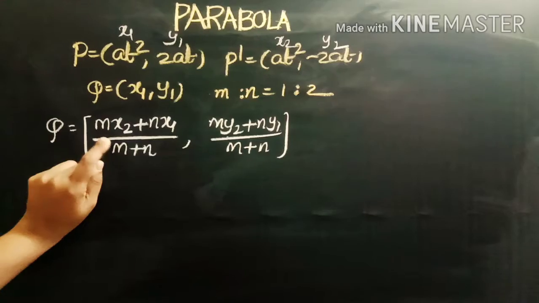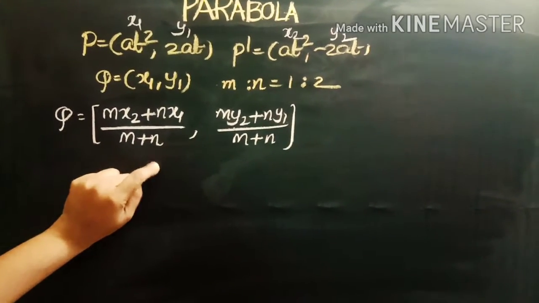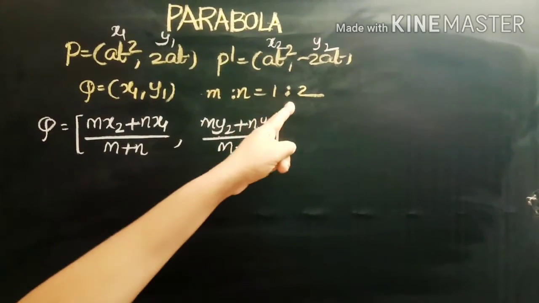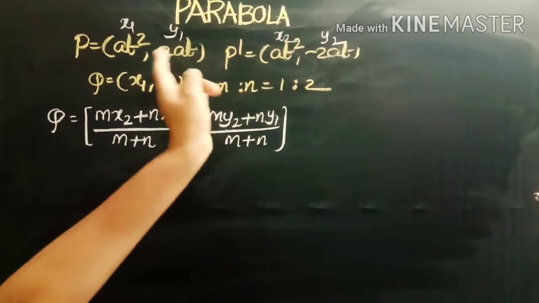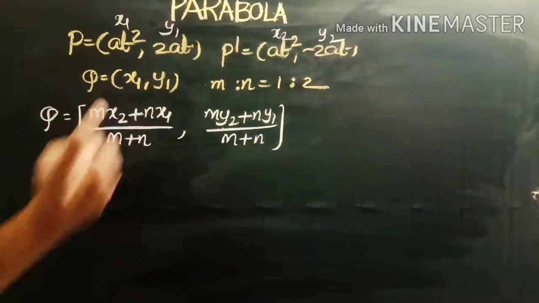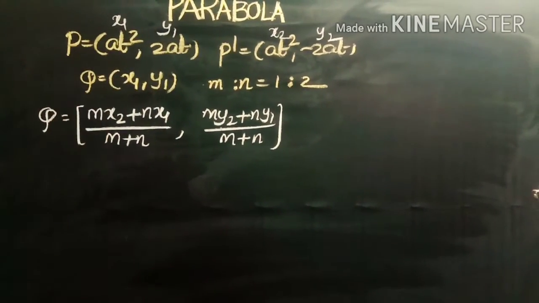Coordinates of Q equal (mx2 plus nx1) by (m plus n), comma (my2 plus ny1) by (m plus n). Here m:n is the ratio 1:2, and the points P, P dash are taken as x1 y1 and x2 y2. Already we take Q as x1 y1.